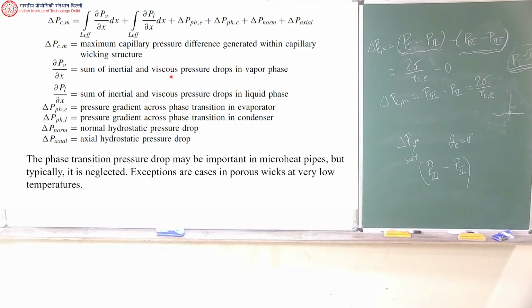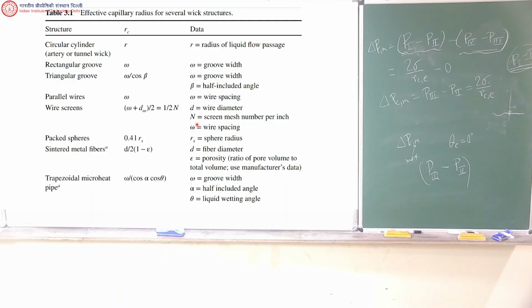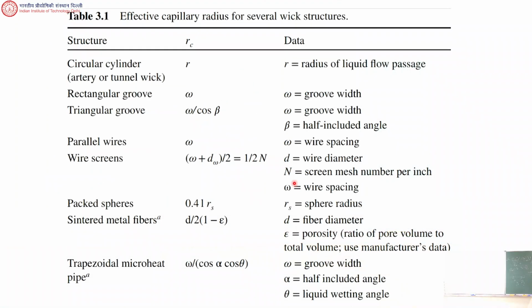So we'll have to come to this now. What are the different kinds of pressure drops that we can expect? But before that, there is a table in the book. This is table 3.1, which gives you various relations for RC. RC is an effective capillary radius.